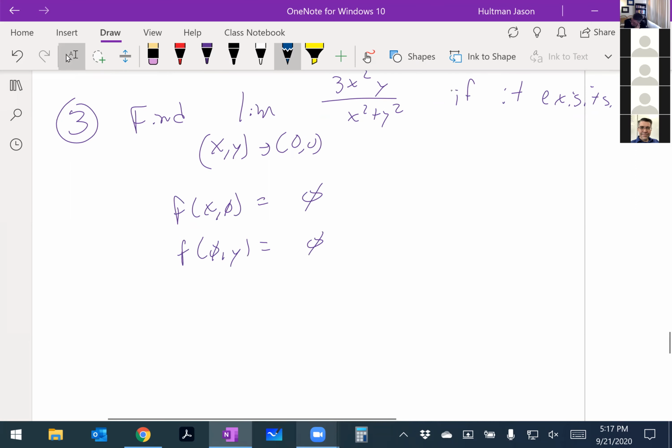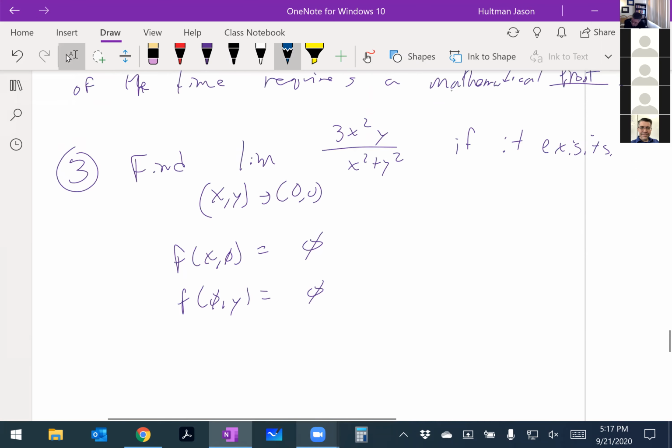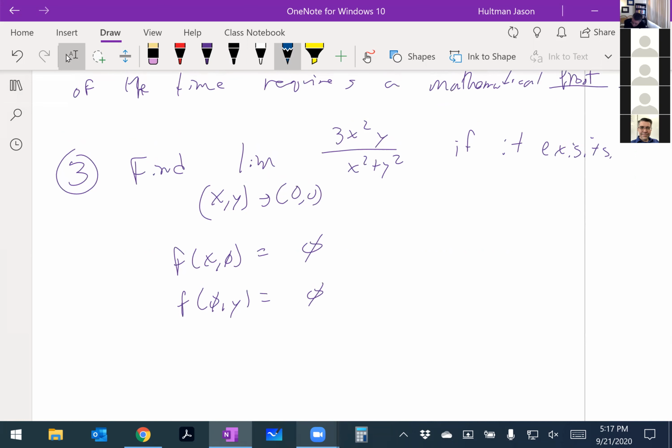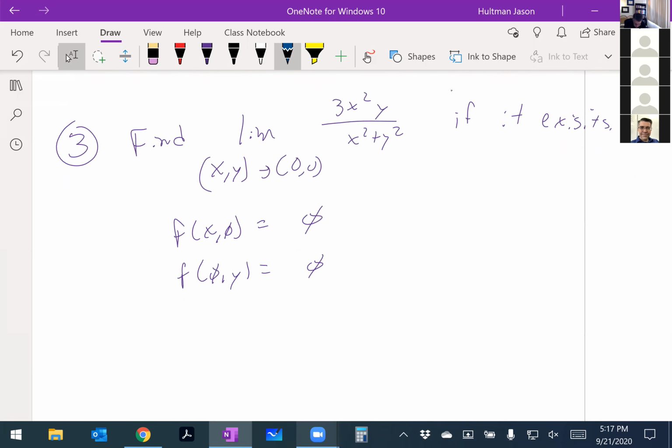Let's put in some x's as equal to y's. So let's do f of, okay, y. Let's let x equal y here.